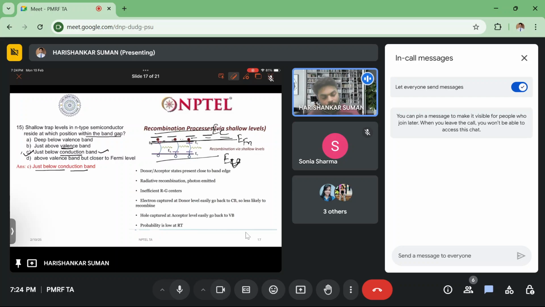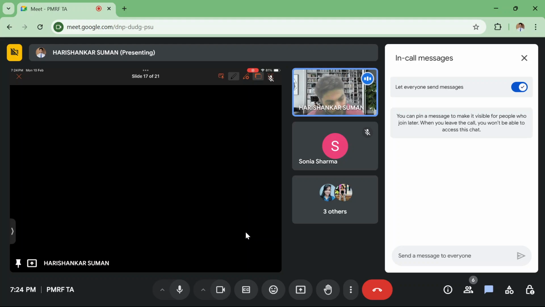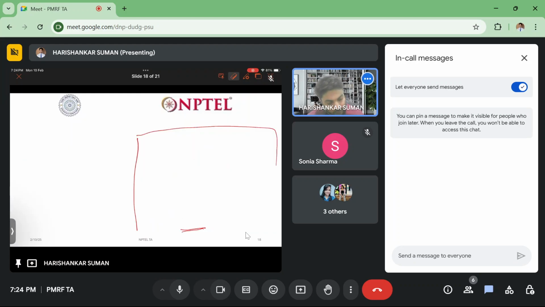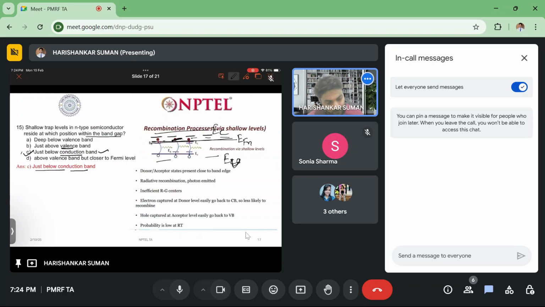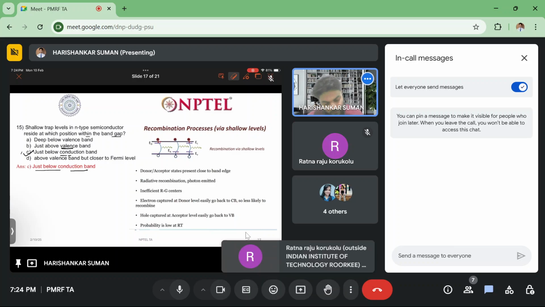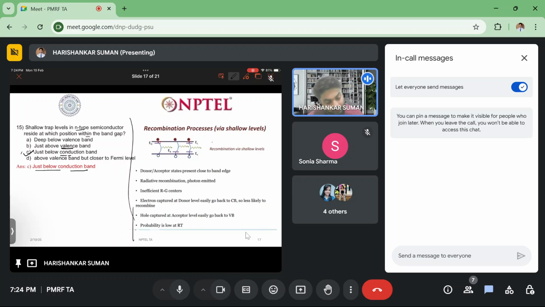Next question. You can see also, if this is p-type, the mechanism is the same.